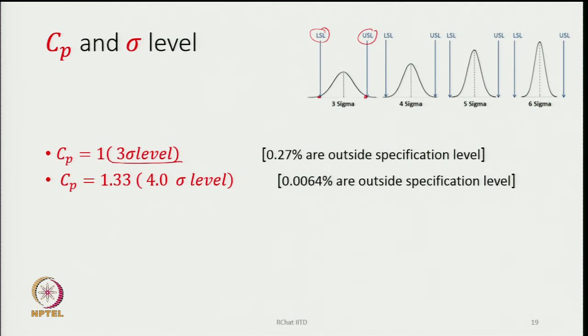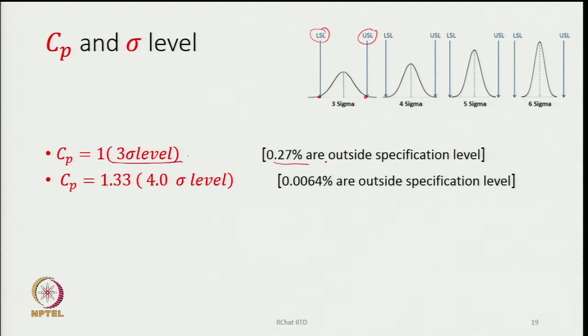When the difference between USL and LSL divided by 6 sigma is equal to 1, then we say the Cp value is 1, and the sigma level is 3 sigma. Similarly, the next one is 4 sigma.